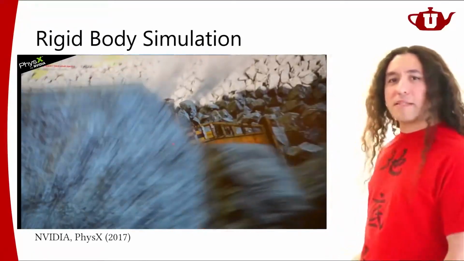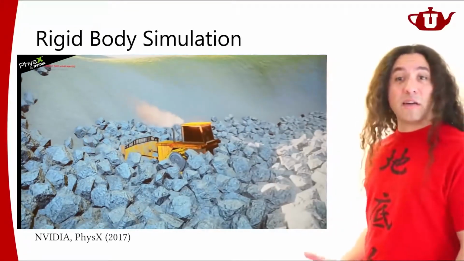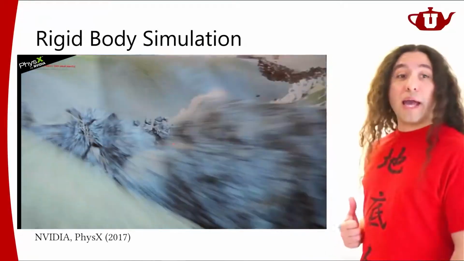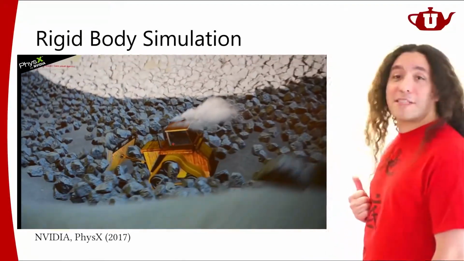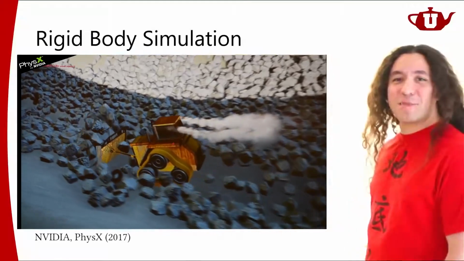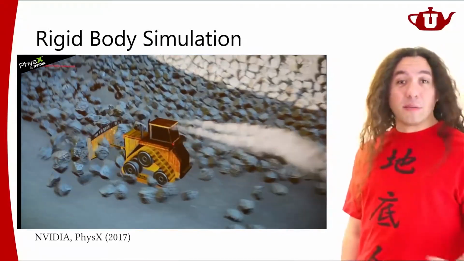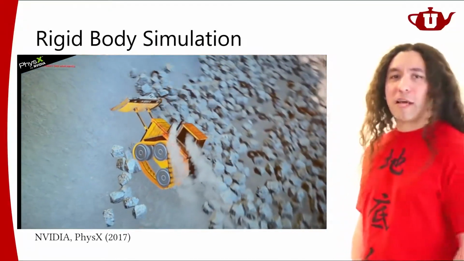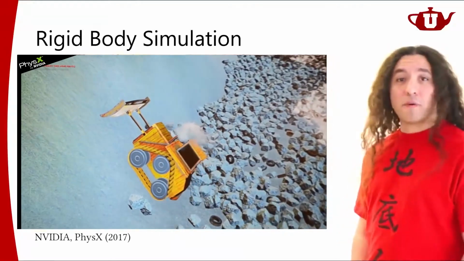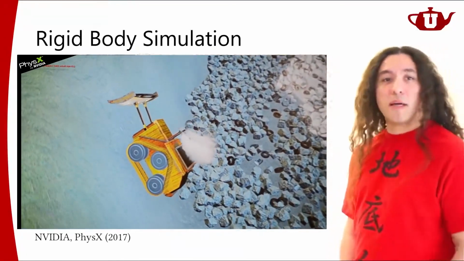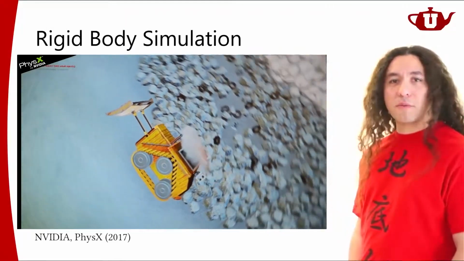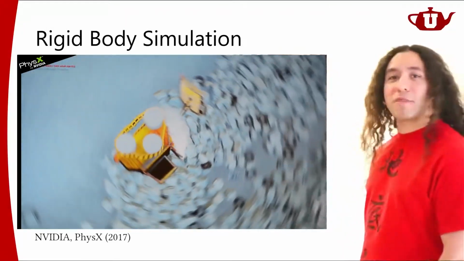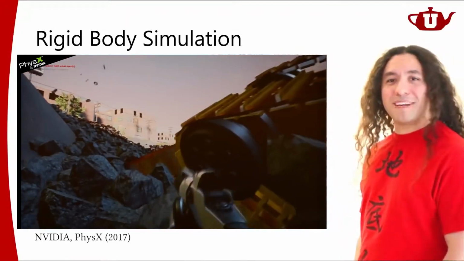Now, this is a relatively recent demo, and what's impressive here is that this is real time, and there are lots of rocks here, or lots of rigid bodies. That's what's impressive here. But the whole concept of rigid body simulation has been around in computer graphics for quite some time. Even real-time rigid body simulation has been around. But nonetheless, I really like this video. I wanted to show it to you.